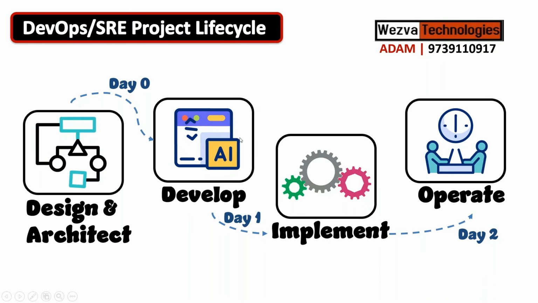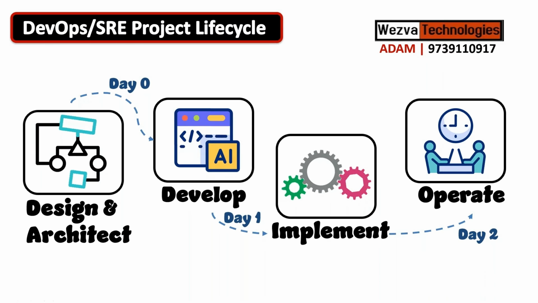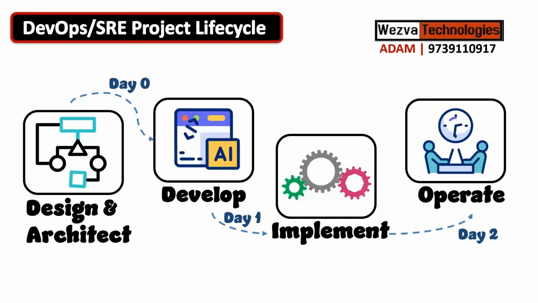Again, what developing? Developing the automation. And once you have completed your development, and if you're ready to implement and run that in a real environment, then we call it day one. And after implementing it, let's say on your production, and you want to start monitoring it and observing it, then we call it day two operations.